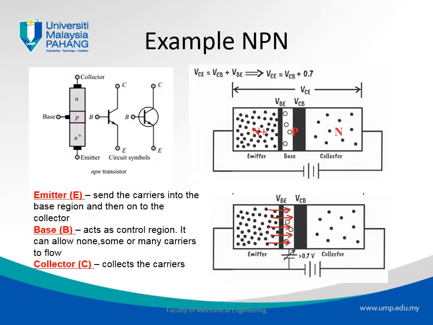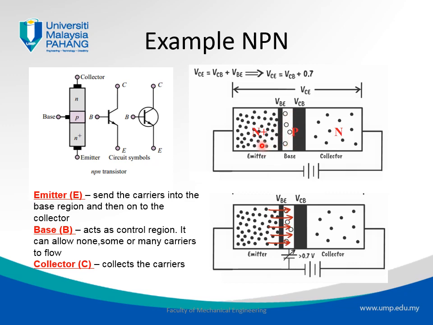In order to explain what happens in the emitter, base and collector of a transistor, we'll take an example of a specific one, which is the transistor we use the most: the NPN transistor, right? In an NPN transistor we have two N regions, and in between them a P region.